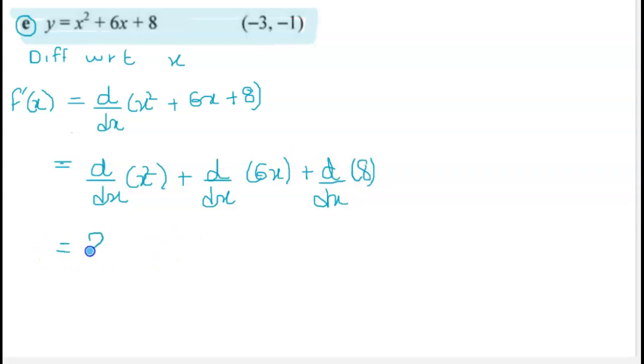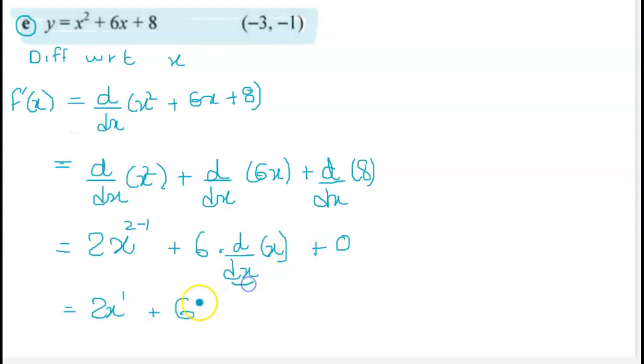When you do that, 2 comes out, reduce the power of x by 1. Here 6 is here, and you do d over dx of x, and you know the differential of a constant is 0. So that becomes 2x to the power 1 plus 6. The differential of x is 1, plus 0.